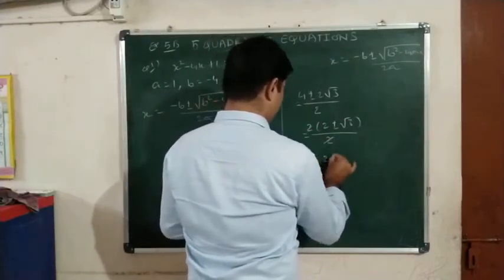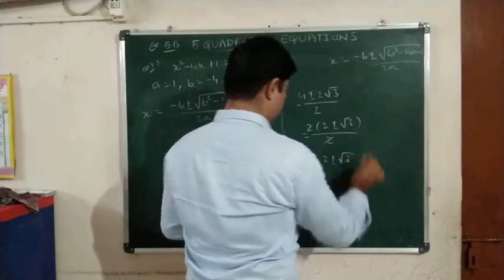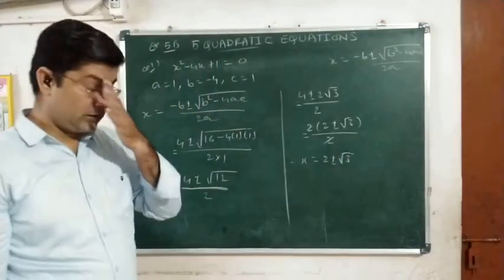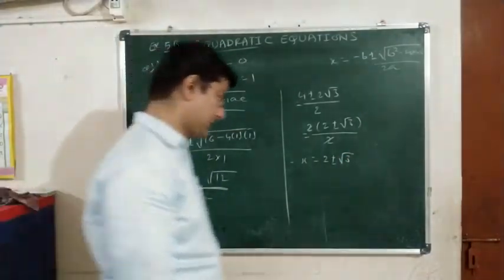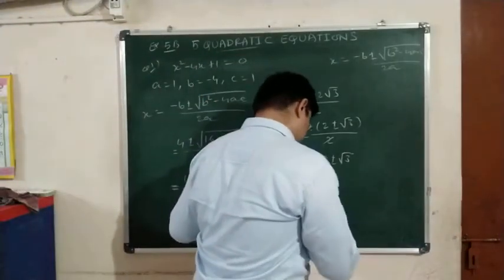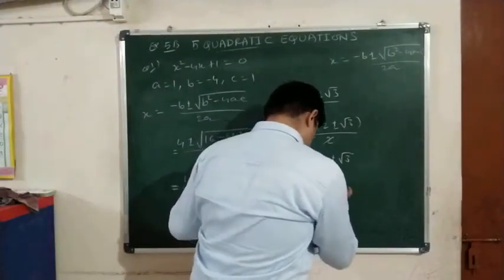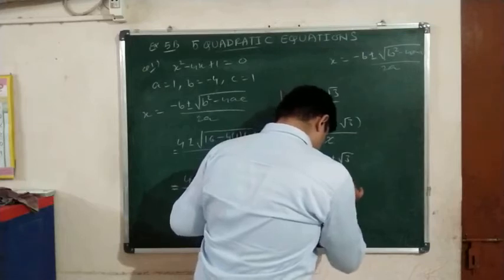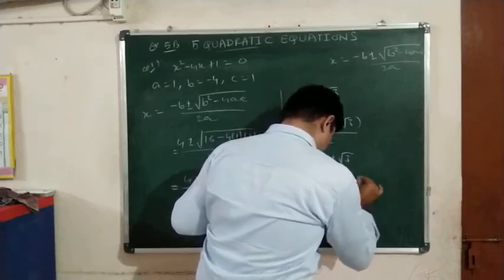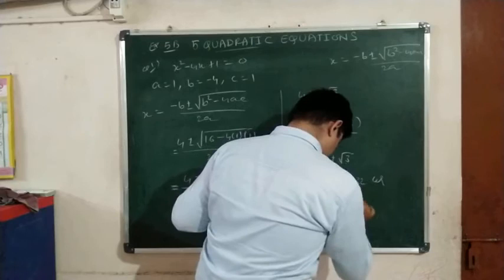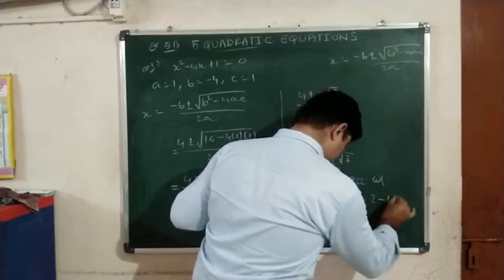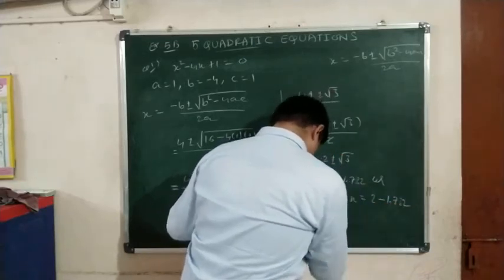Therefore x is equal to 2 plus or minus root 3. Now we know that the value of root 3 is 1.732. So let us put that value. x is equal to 2 plus 1.732, or x is equal to 2 minus 1.732.